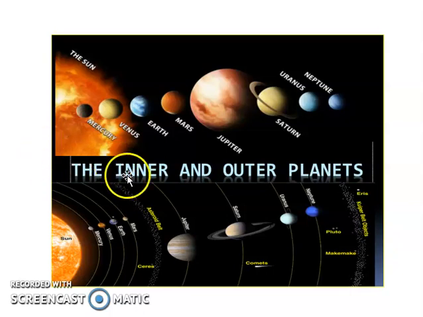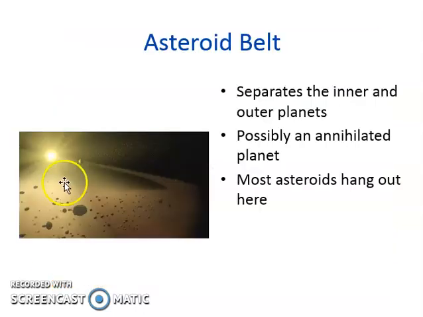The one dividing the inner planets and the outer planets is the asteroid belt. This is the boundary of the two groups, inner and outer. What is the asteroid belt? The asteroid belt separates the inner and the outer planets, possibly an annihilated planet. What does it mean?